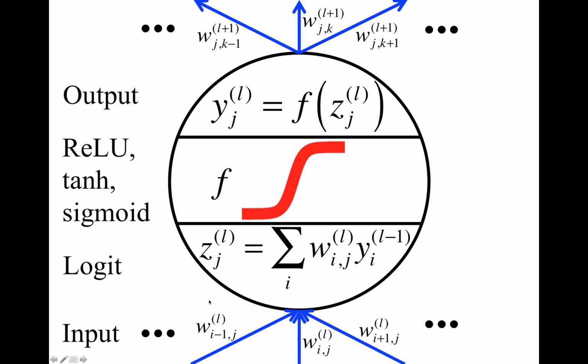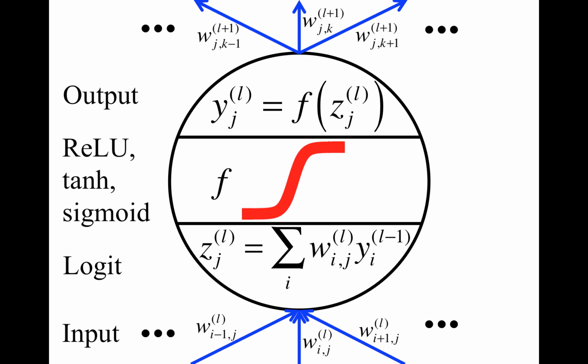The subscript J here indicates that this neuron is the jth neuron inside of the L-th layer.